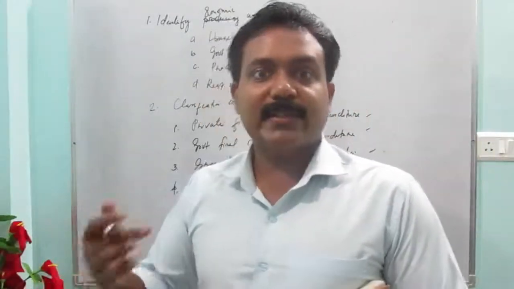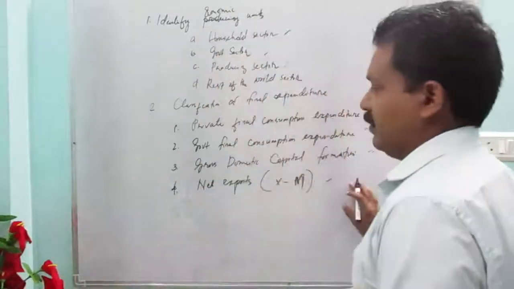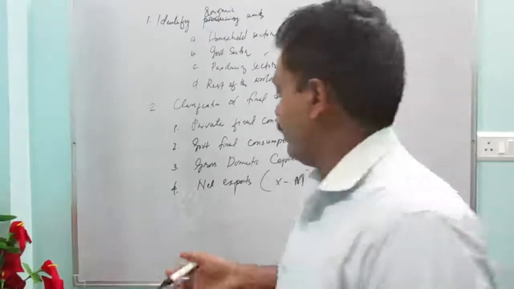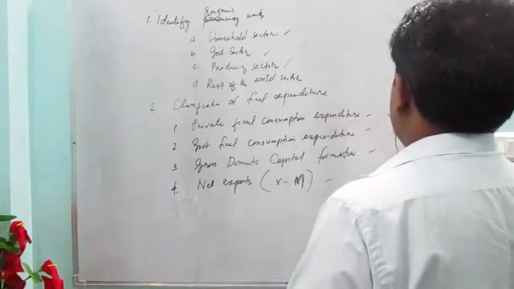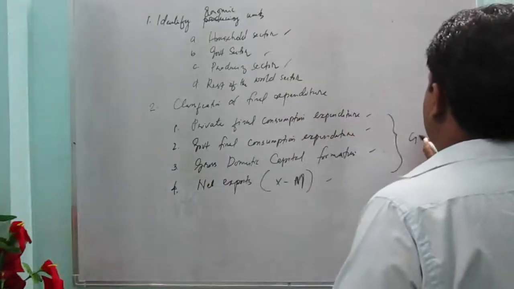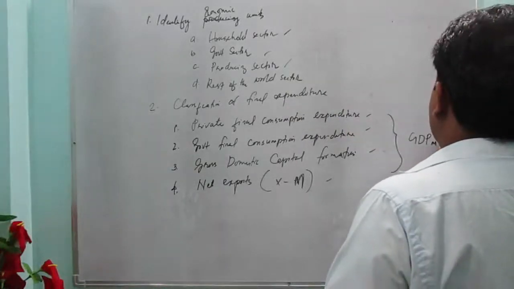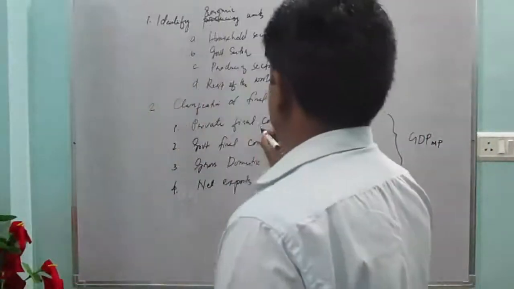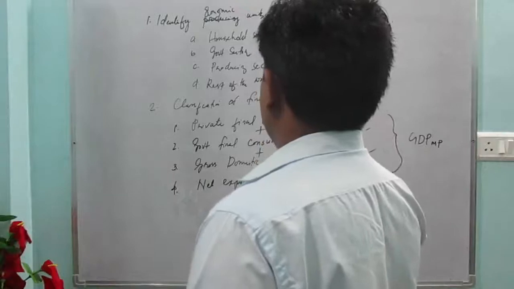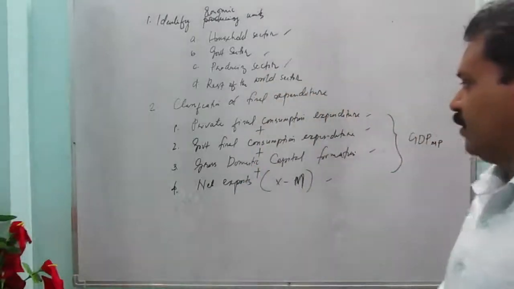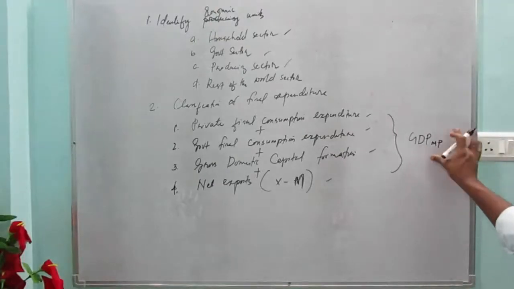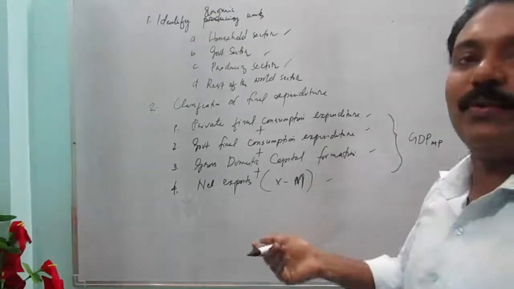You cannot always expect that all four are given as they are. Once you add these four, you will get GDP MP. Once you get GDP MP, you know how to go ahead.